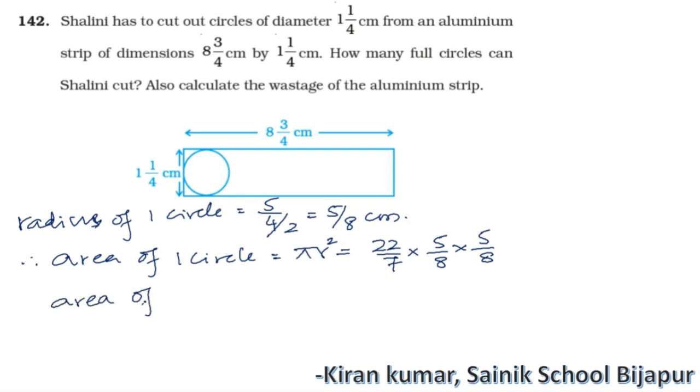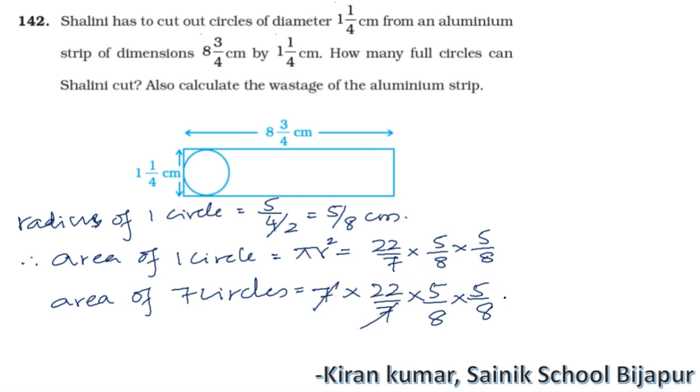The area of 7 circles will be 7 times 22 by 7 multiplied to 5 by 8 multiplied to 5 by 8. 7 and 7 get cancelled and we get 22 multiplied to 25 divided by 64. This is area of 7 circles. Let's also find area of aluminium strip.